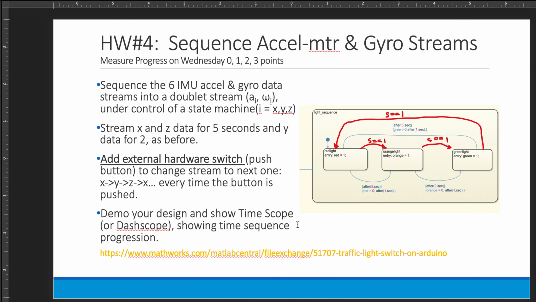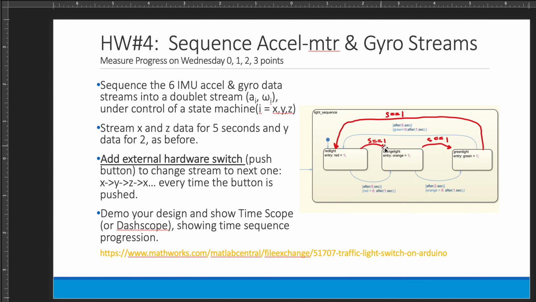Going back to that diagram, if I'm in the state, sitting here for 5 seconds, lighting up the red light, or in your case, putting out the X stream, then as soon as I hit this switch, I go to the yellow condition where I'm changing over to the Y-axis, and then eventually if I hit the switch again, it'll take me to the Z-axis, not as essentially, but it will right away switch me to the Z-axis.